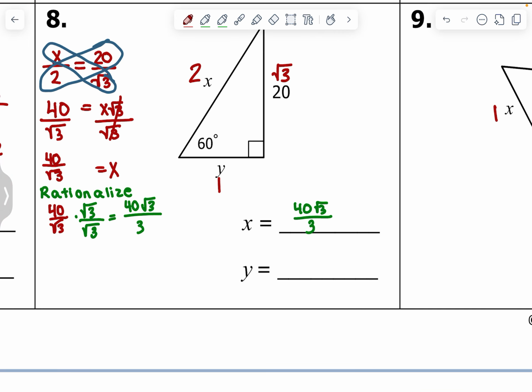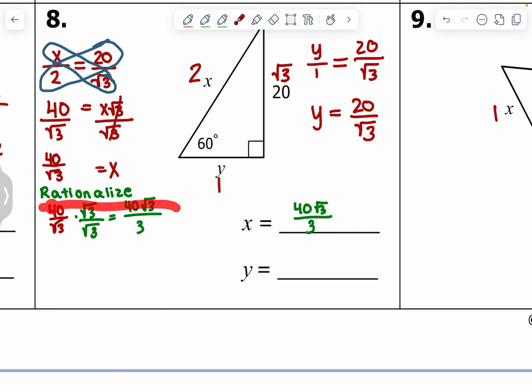Let us find y. Y over 1 equals 20 over radical 3. All right. So y is already by itself. And so y equals 20 over radical 3. But we cannot leave it like that because we cannot have a radical in the denominator.